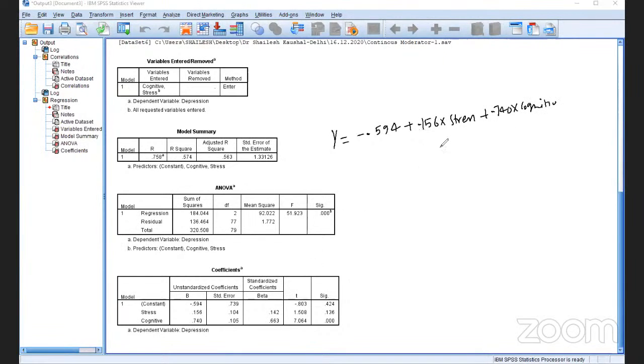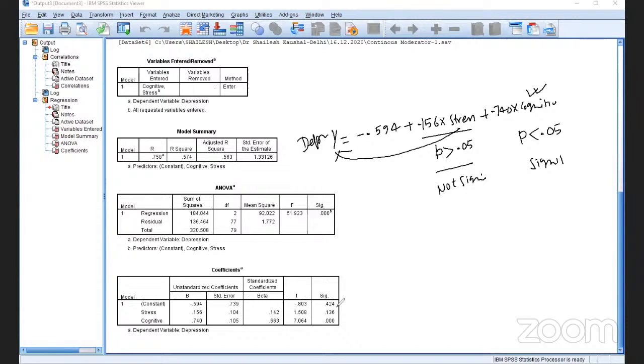So here we can see that stress, with the presence of this cognitive variable, the moderator variable, becomes non-significant, because its p value is greater than 0.05, meaning not significant. And this cognitive, it is working because its value, this moderator value, is less than 0.05. It means with the presence of this, it changed the relationship between stress and depression.